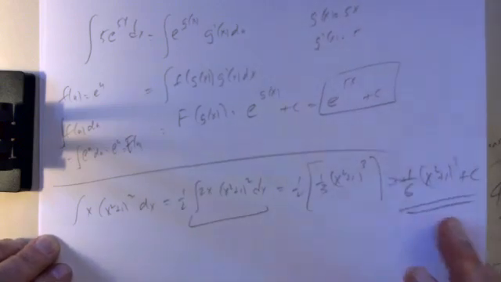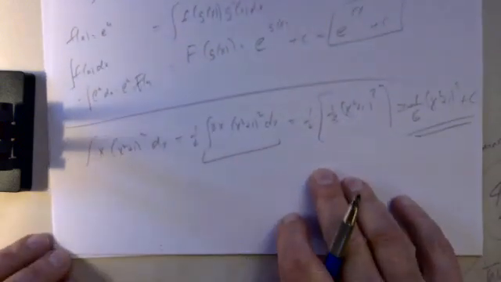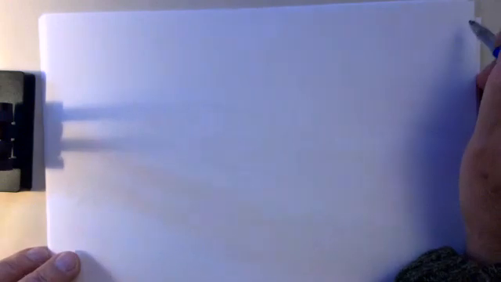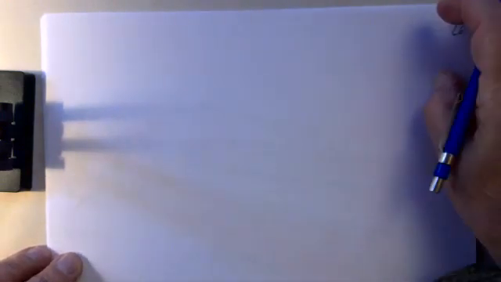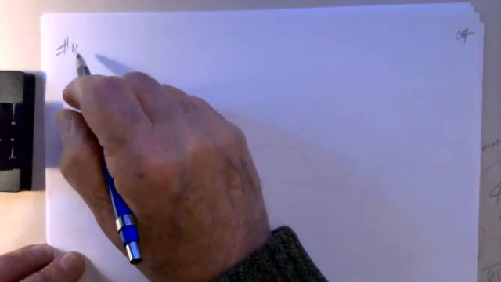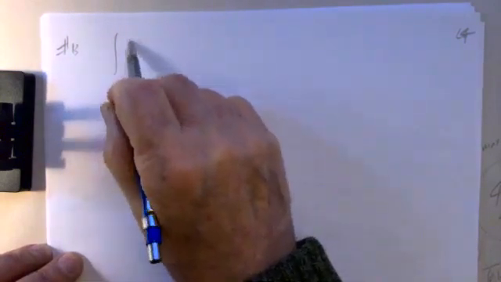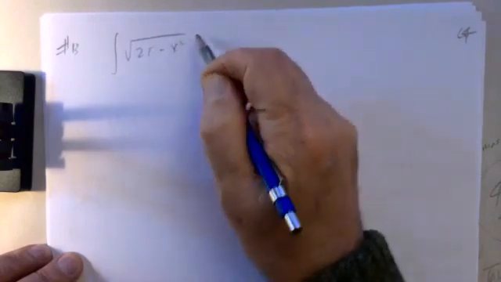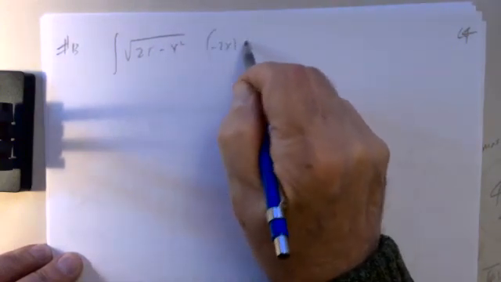For example, in the homework in this section, number 13 is integrate the square root of 25 minus x squared times minus 2x dx.